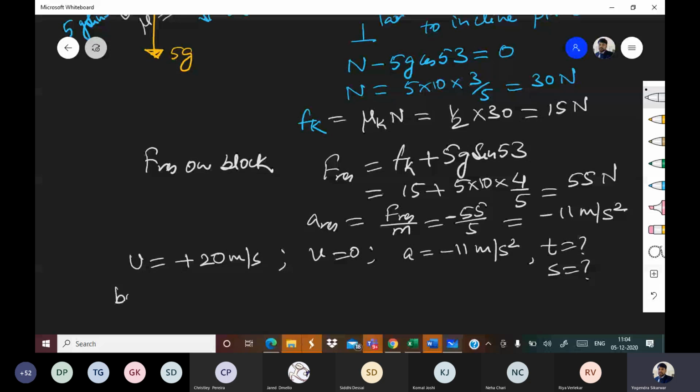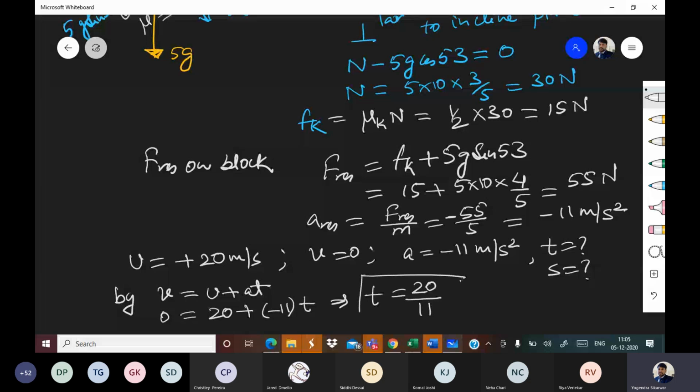So by V is equal to U plus AT, 0 is equal to 20 plus minus 11 into T. So T comes out to be 20 by 11.